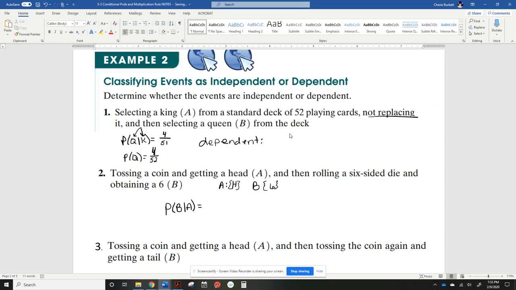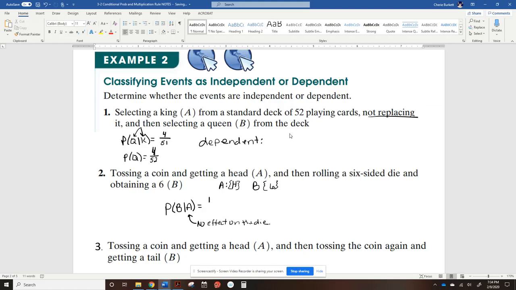Absolutely nothing. The tossing of the coin has no effect on the die that we're going to roll. So since there's no effect, the probability that we get a six is 1/6. That's the only thing that we're interested in.